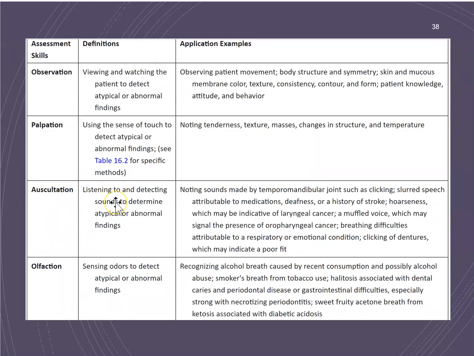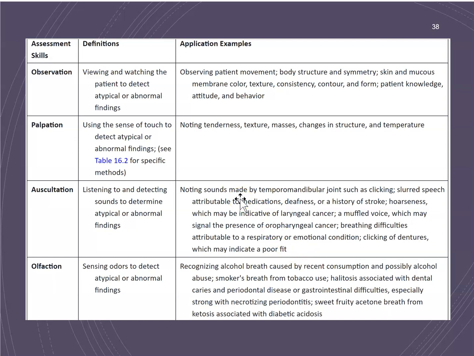Auscultation, this is when you're listening. So think about when you're doing the extraoral or intraoral assessment and you're checking the TMJ and you're checking to see if there's any clicking sound. That is auscultation because you're listening for any clicking. If they have slurred speech, perhaps it's because of their medications, or perhaps they're high, right?